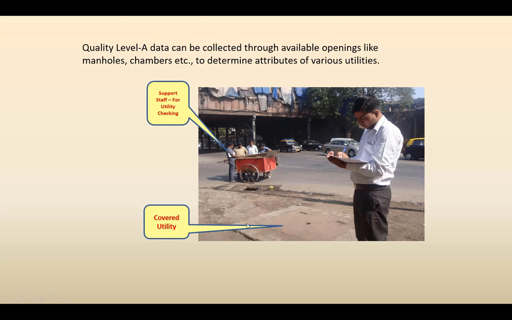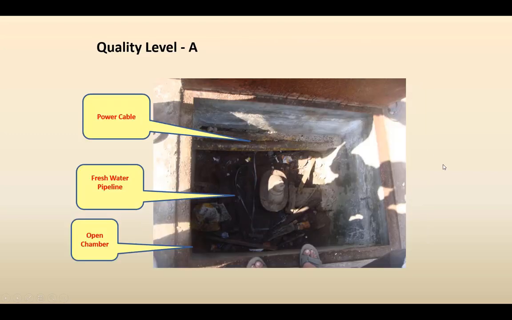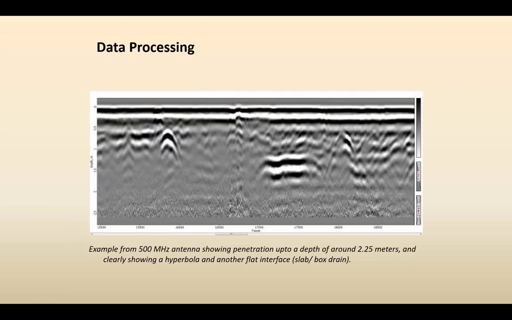For example, this photograph is a covered utility with this manhole. This is staff for utility checking, having the tools. Now the chamber is opened. You can see a power cable, you can see a freshwater pipeline, you can see this is the open chamber, and then you can record the level of all the utilities here. So you are able to elevate the data from quality level B to quality level A.